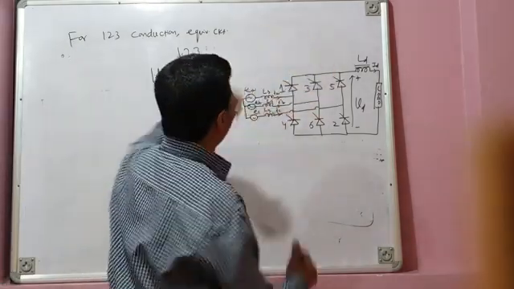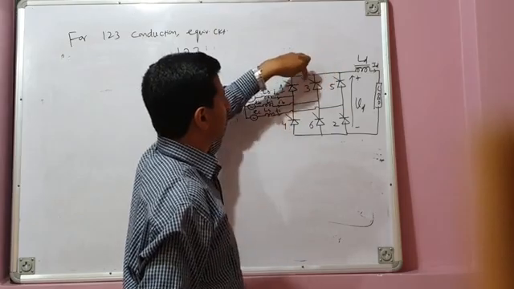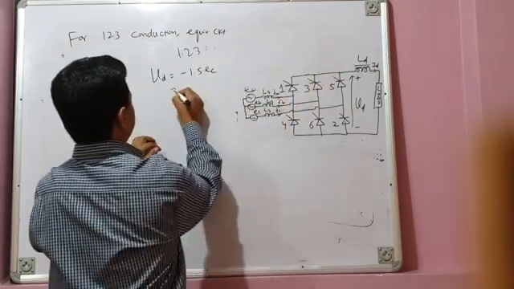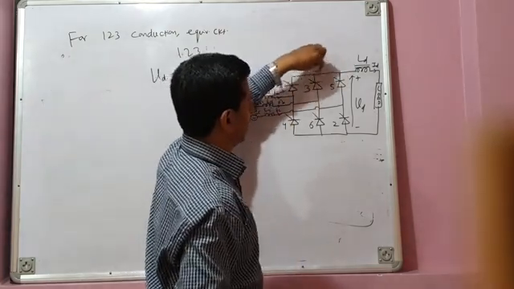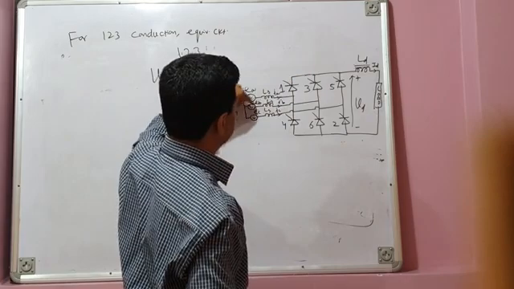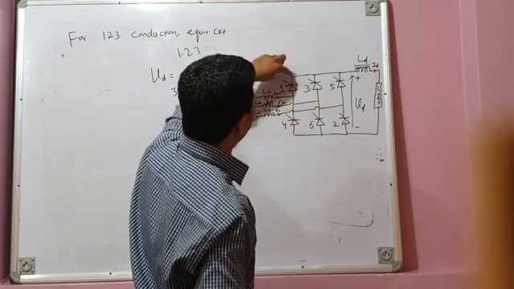Similarly, suppose 3 and 5 are conducting, say 3, 4, 5. In the upper group, 3 is connected to phase voltage EB and 5 is connected to phase voltage EC. So what will be your load voltage?